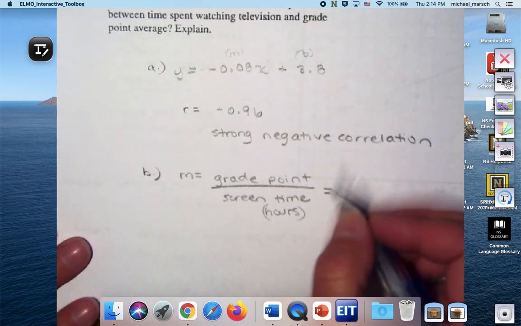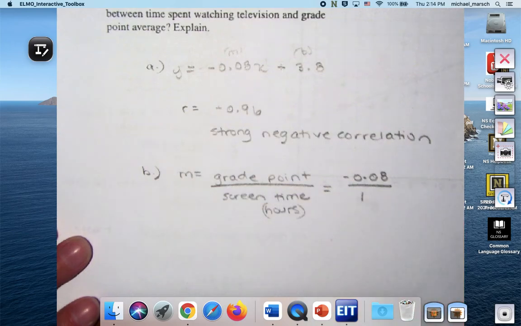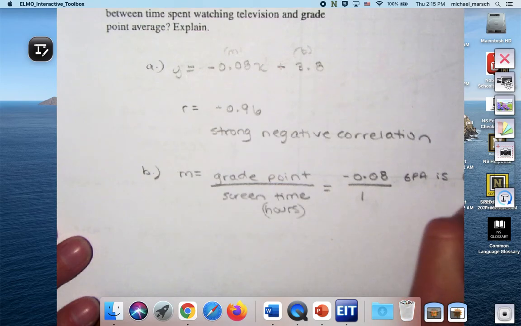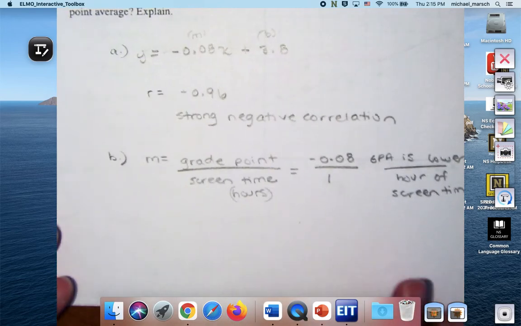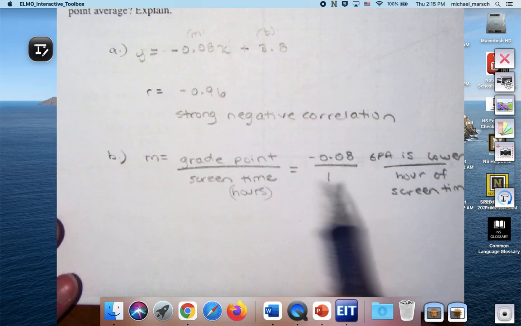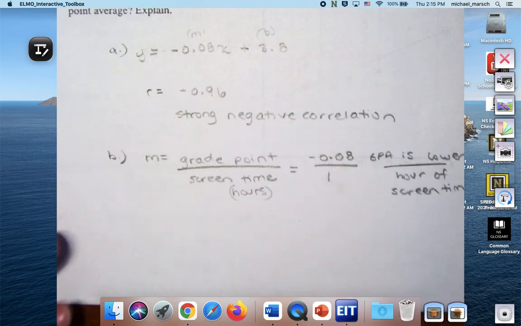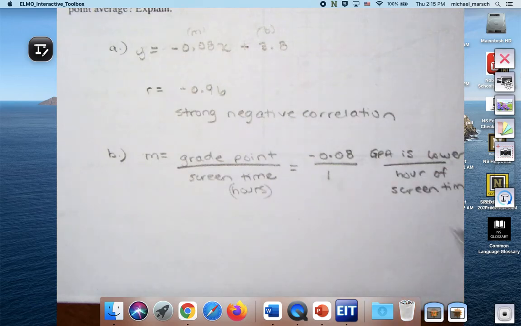So what we have here is negative 0.08 over 1 hour. That says my grade point average is lower by that much per hour of extra screen time that you have.